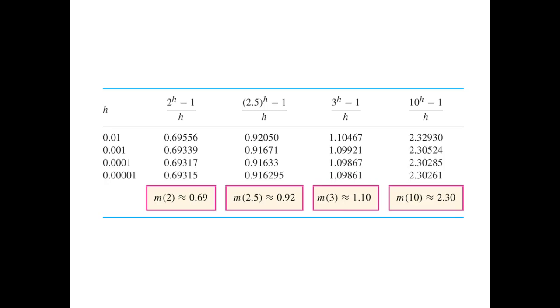Now, for some reason, they jump up to b equal 10. When you go to b equal 10 and plug in those h's, you get 2.3293, 2.3, so good to 2 digits here. 2.30, almost 3 digits, not quite. 2.302, that looks like you got to 4 digits here. So they rounded to 2.3, okay, 2.30.